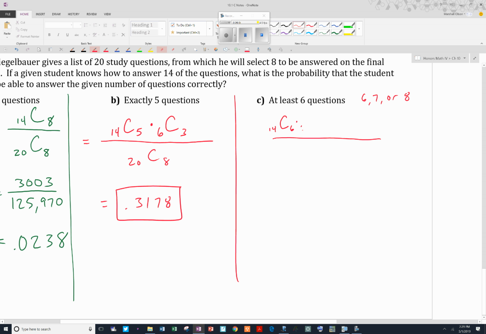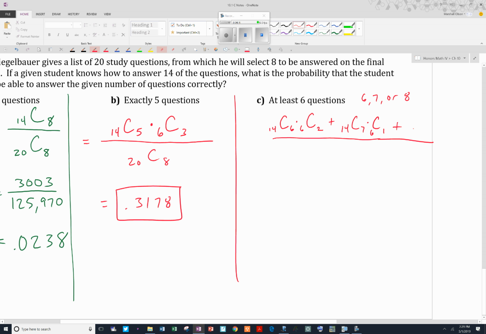And out of the 6 that you don't know, how many ways can we get 2? Because you're answering 6 correct and 2 incorrect. That is you answering exactly 6 questions correctly. Or you could answer 7 questions correctly, 7 right and 1 wrong.